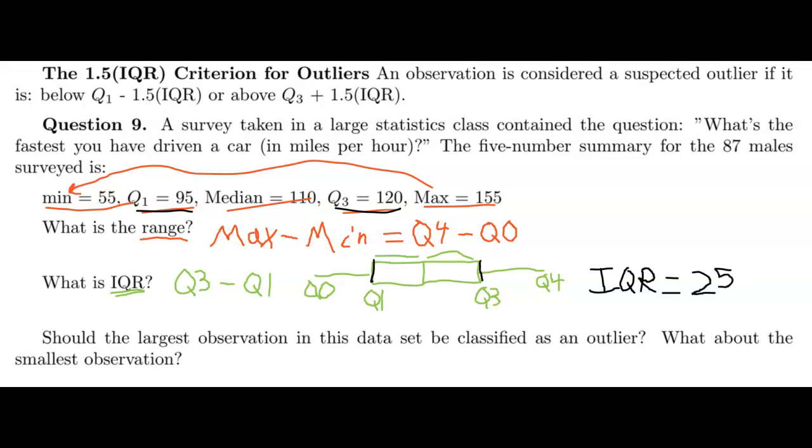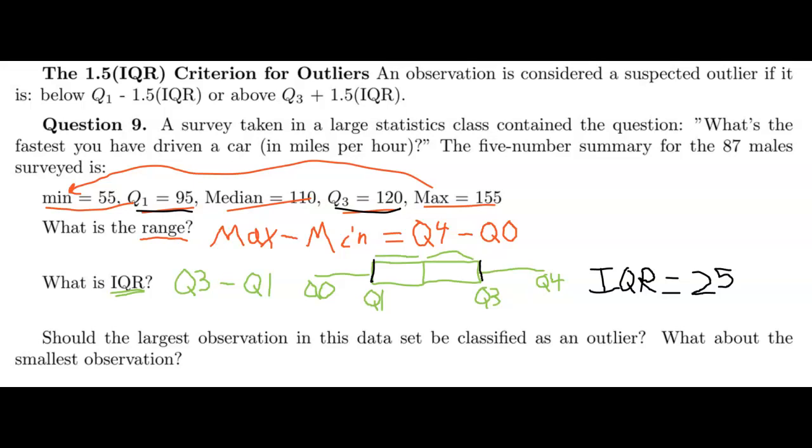That's the measure of spread. That's a good measure of spread. The median is 110. The good spread for this data is 25. So now you have a feel for how widely the data is spread out, and you start getting a feel for whether those minimums, maximums are extremes. The criteria is exact.